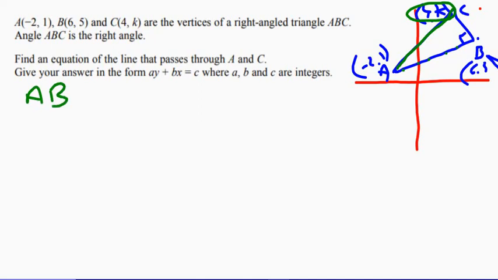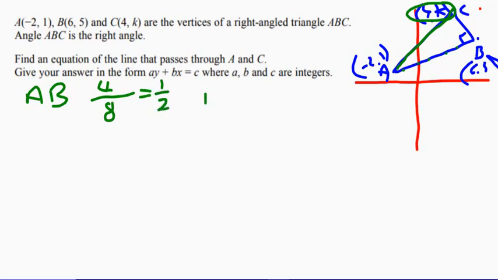Remember, it's the difference in y divided by the difference in x. So it goes 4 up and it goes 8 across. So obviously that's a half.